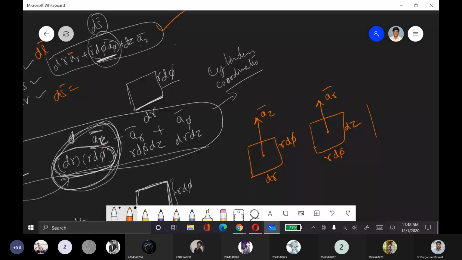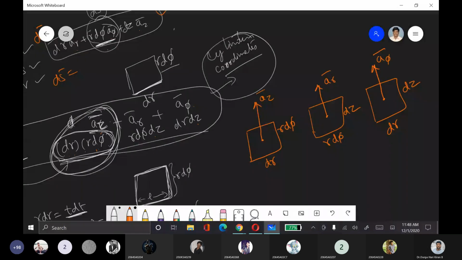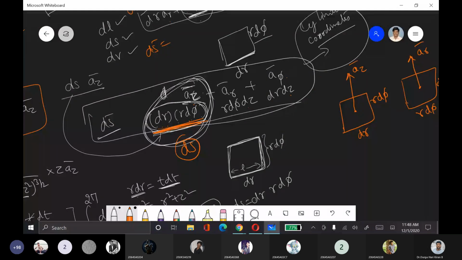We discussed all of this in cylindrical coordinates. So from cylindrical coordinates, the coefficient of A Z bar is dr R d phi. That is equal to ds in this case. The surface area we have considered, ds, is equal to dr into R d phi.